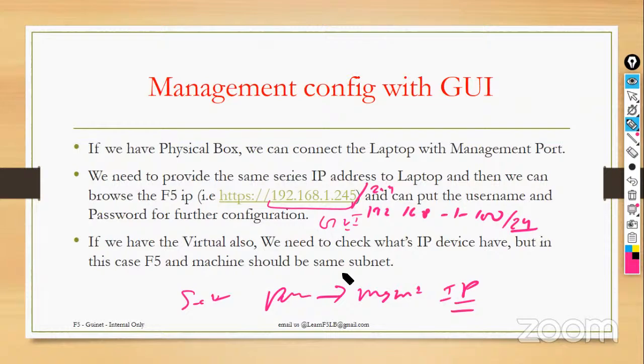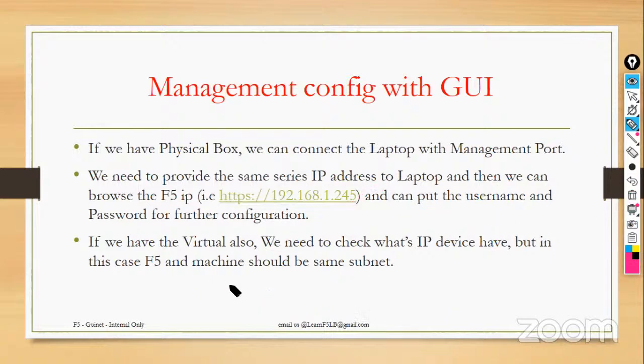But if you have a virtual box, you can take the console. If you don't want to take the console, you can check the IP. On VMware, if we have the machines in the same subnet, for example, this F5 is connected to VLAN 100 and took the IP 192.168.1.245.